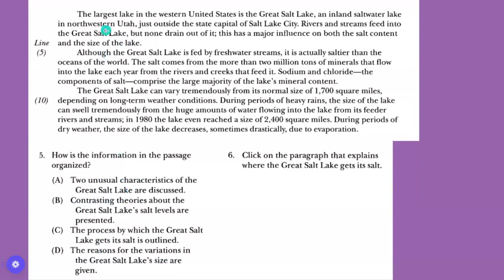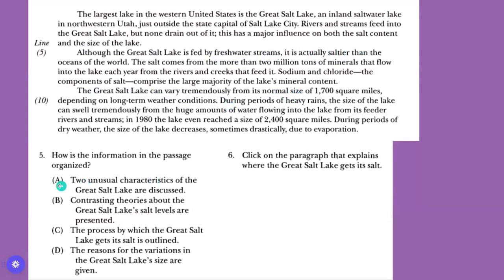Okay, so then I'll read again my first line. Although the Great Salt Lake is fed by freshwater stream, it is actually saltier. Here, the contrast is in this same line. It's not a contrast with another paragraph. Then it says, The Great Salt Lake can vary tremendously from its normal size.